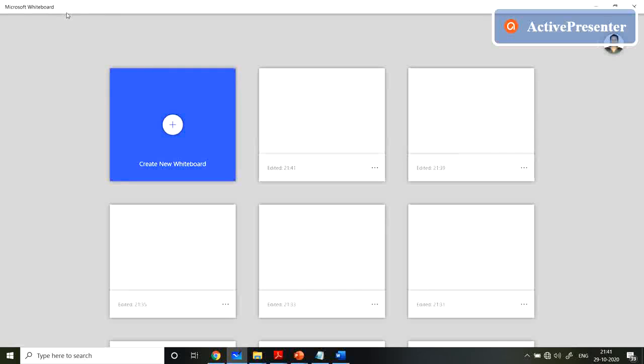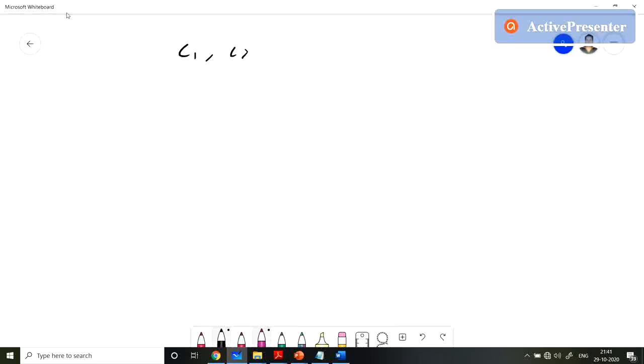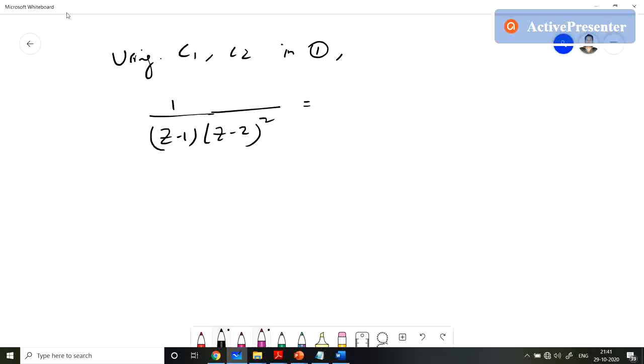Now putting the values of c1 and c3 in equation 1, we will get 1 divided by z minus 1, z minus 2 square equal to 1 divided by z minus 1 plus lambda 1 divided by z minus 2 plus 1 divided by z minus 2 whole square.